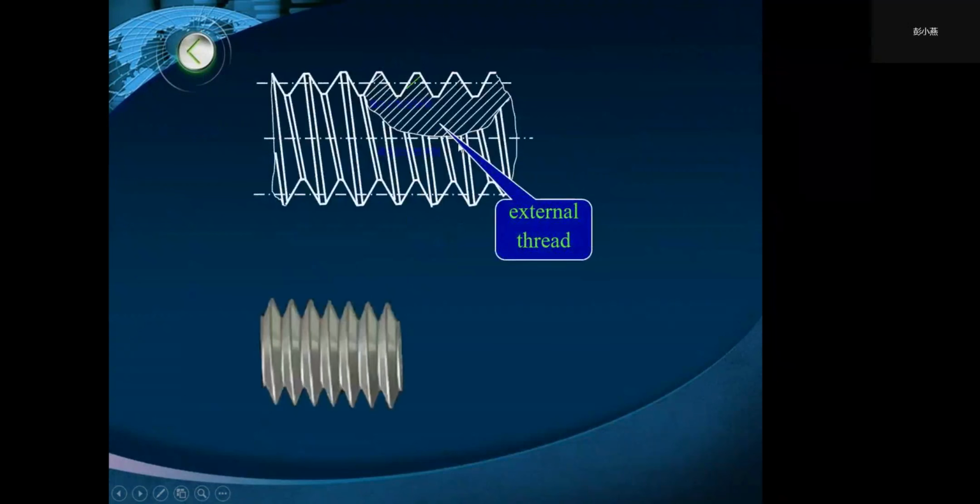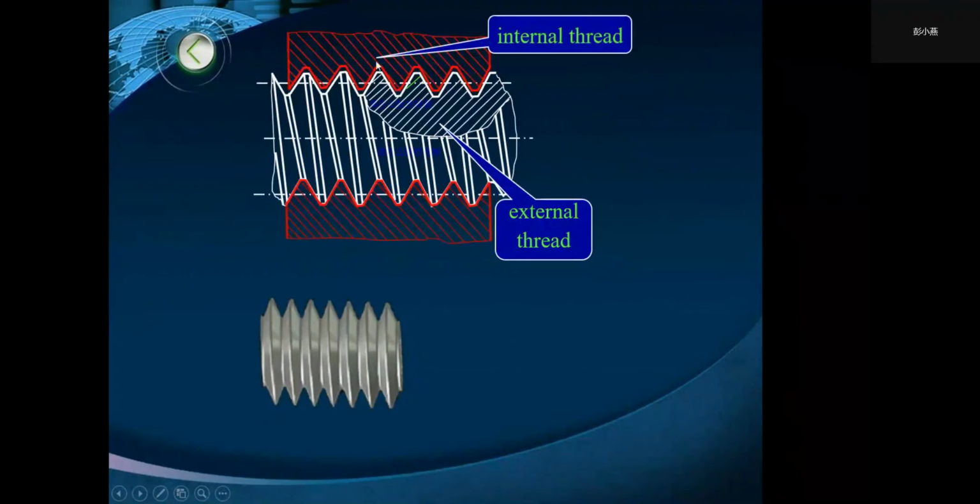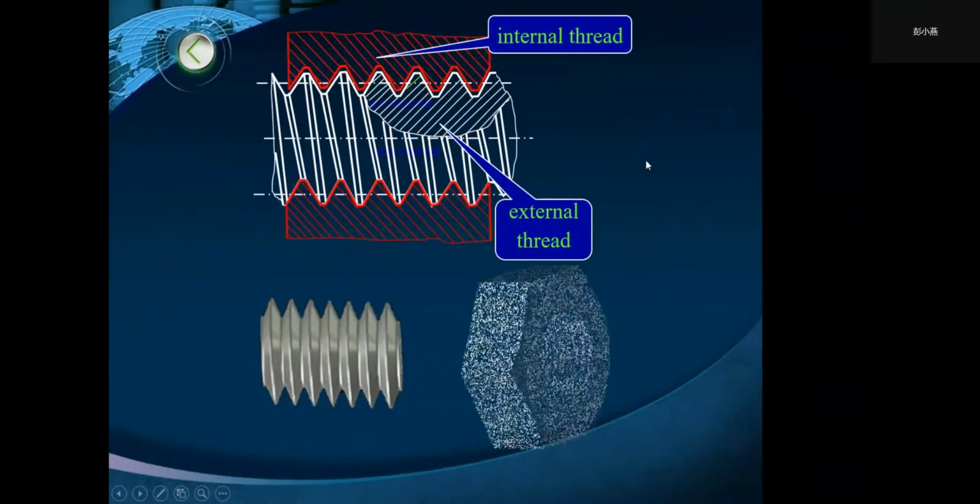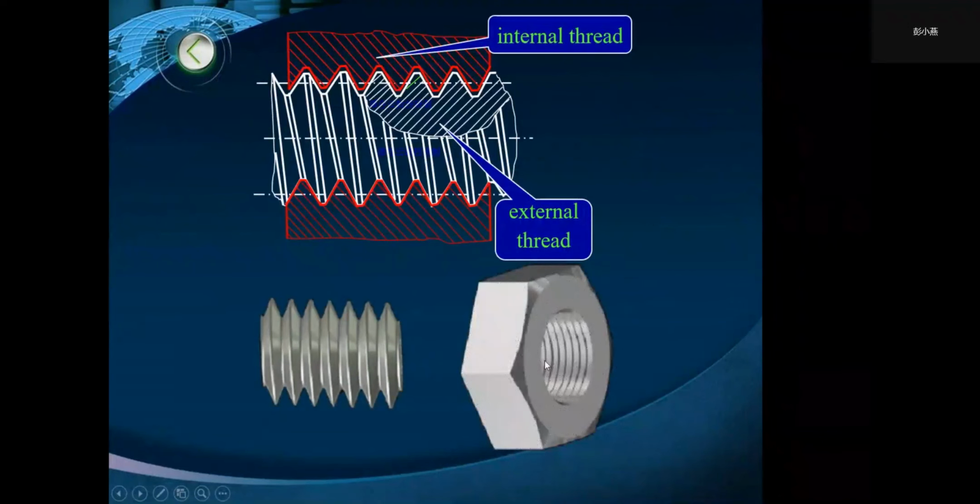This is the internal thread. External thread is the thread on a screw like this. And this is the internal thread, the thread on a nut or threaded hole like this. This is the external thread, and this is the internal thread.